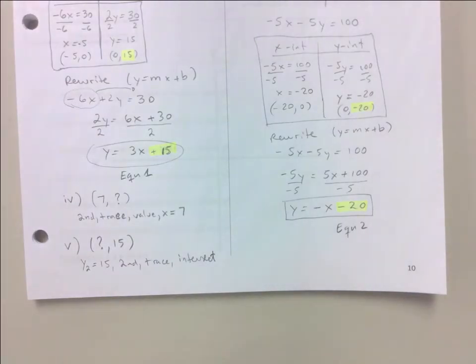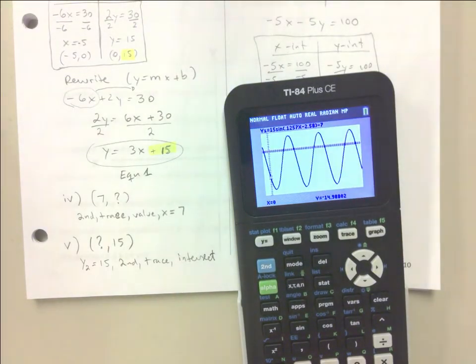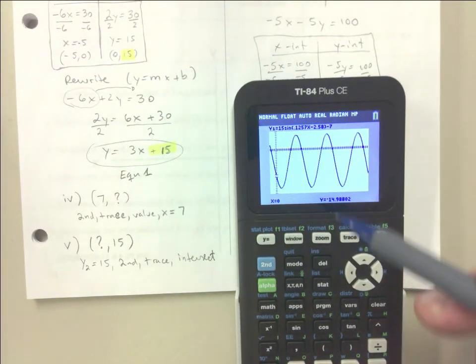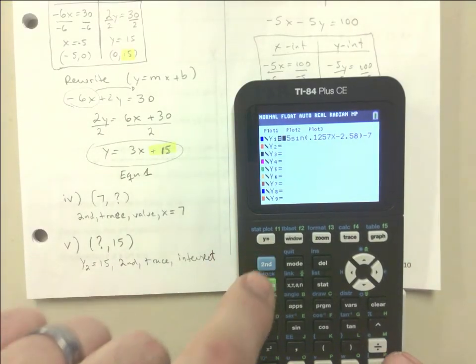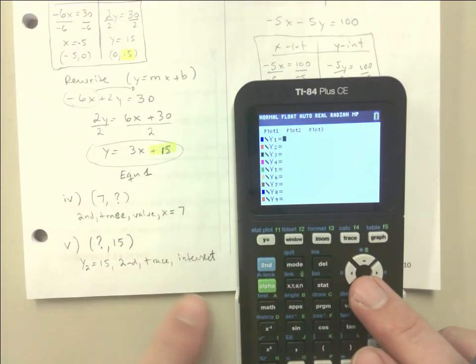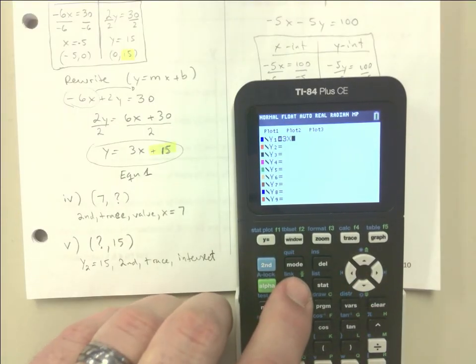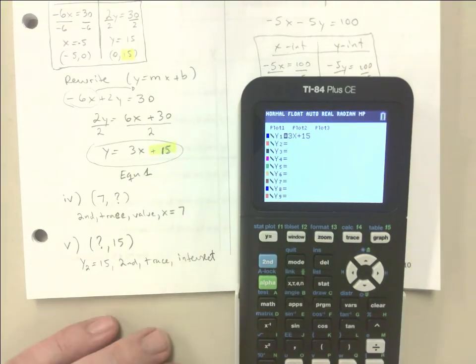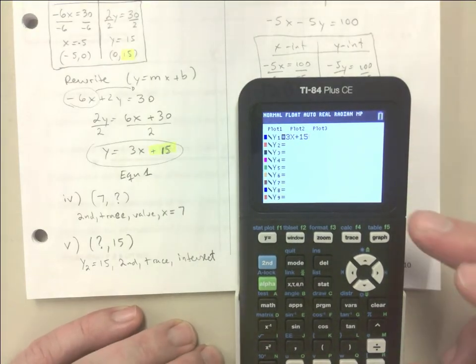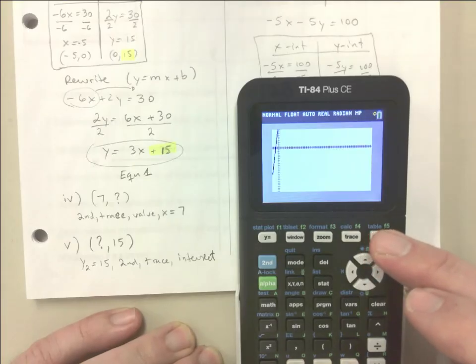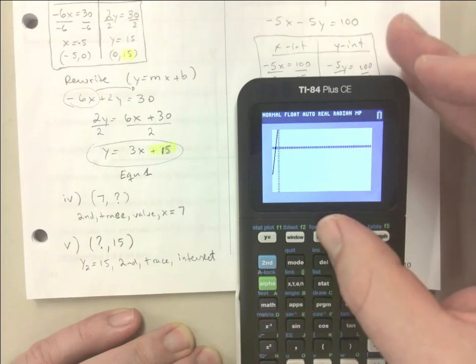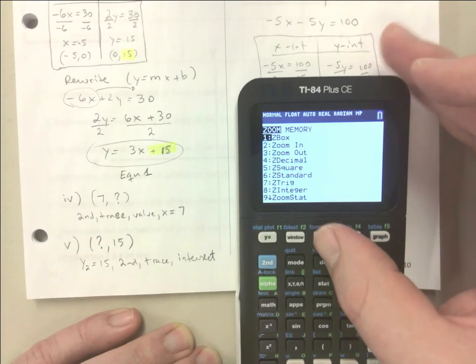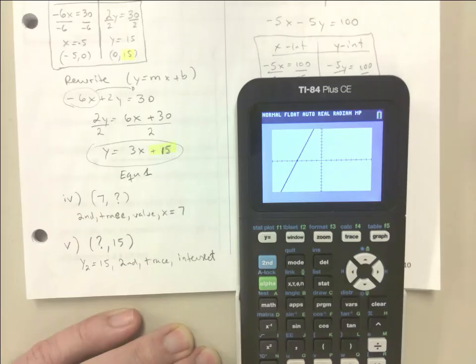So let's go ahead and do that right now. 3x plus 15, and we hit graph. My graph isn't the greatest, so I'm going to do a zoom standard, zoom 6. It's pretty good.